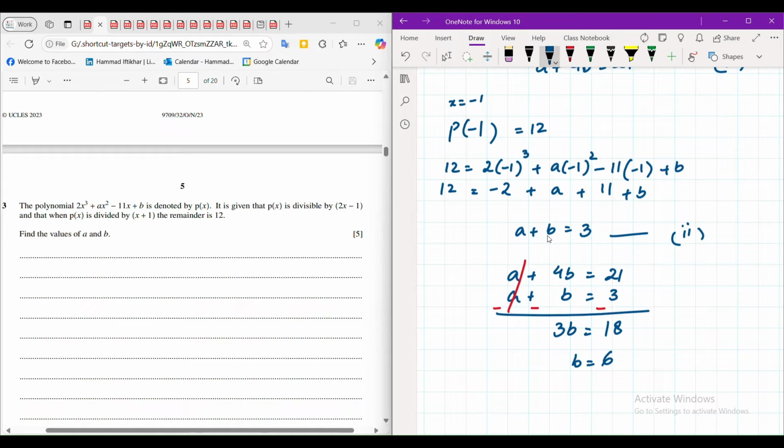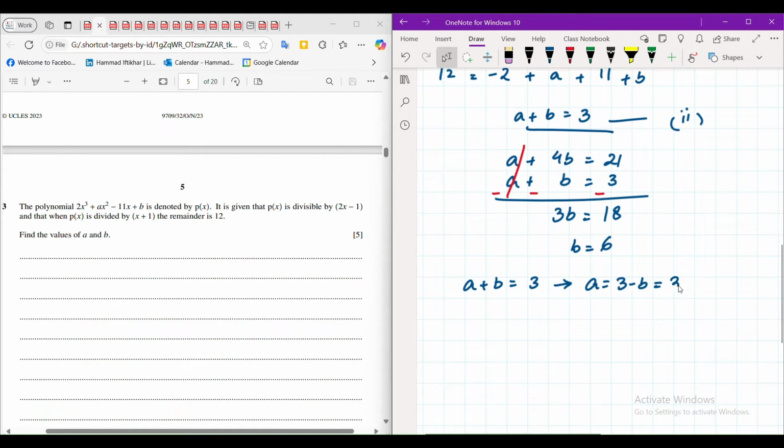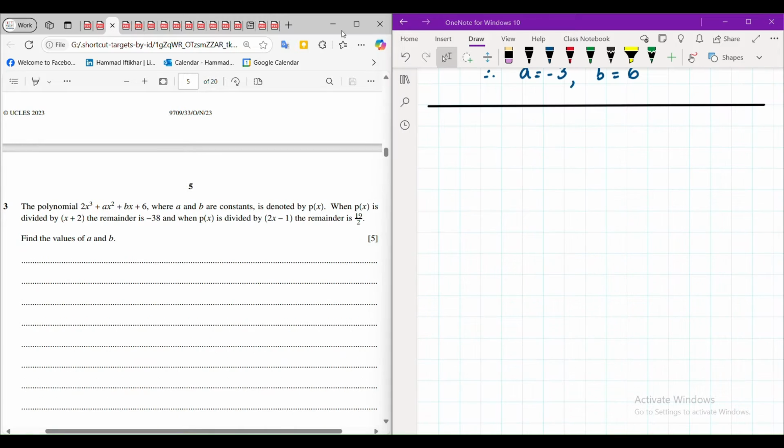A plus b is equal to 3, so a would be 3 minus b, which is 3 minus 6, that would be minus 3. So therefore, a is minus 3 and b equals 6. All right, on to the next question.